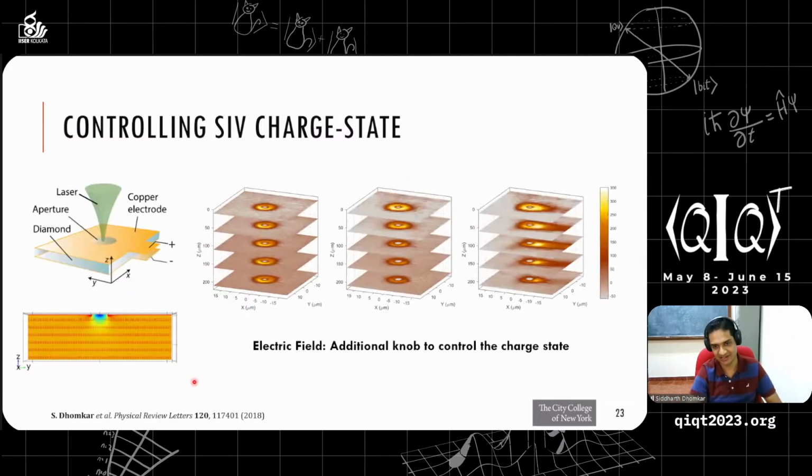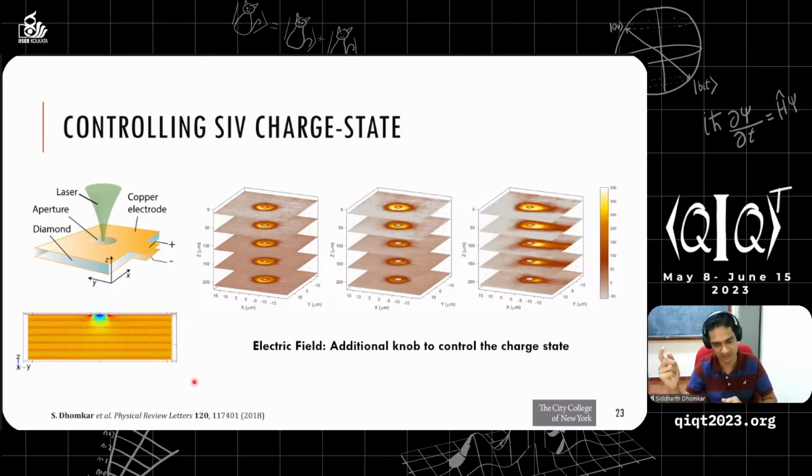It's very interesting. And one more thing that you can do in these kinds of defects is that not only are lasers useful to control the charge state, but you can also use an electric field to control the charge, because with an electric field you can move the charges.